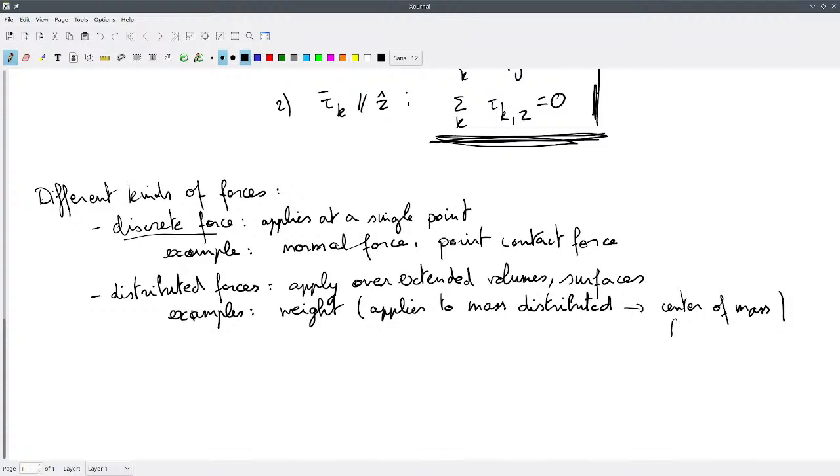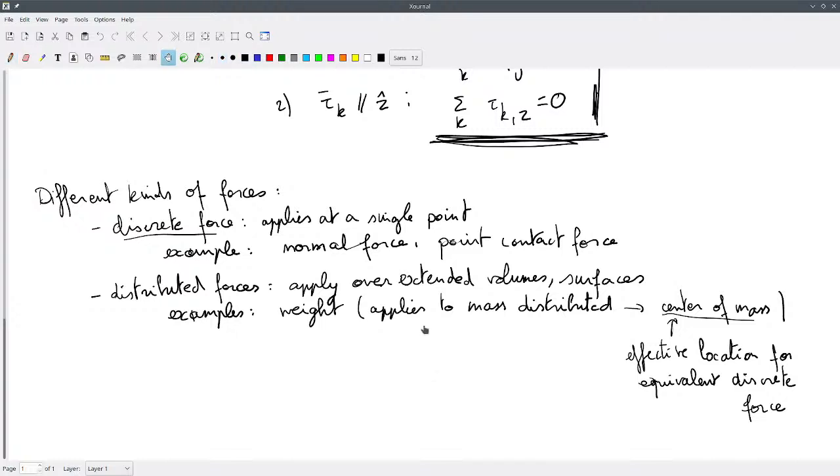So that's an effective location for an equivalent discrete force. But we have to remember that that's an approximation, or at least it's a good approximation, of course, but we have to calculate that center of mass.